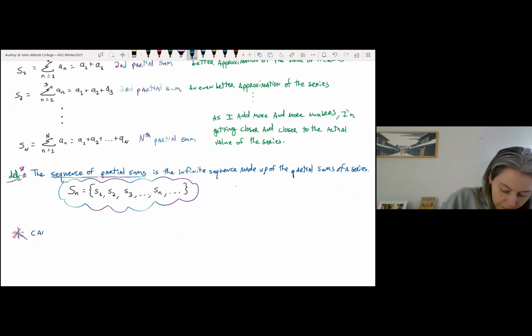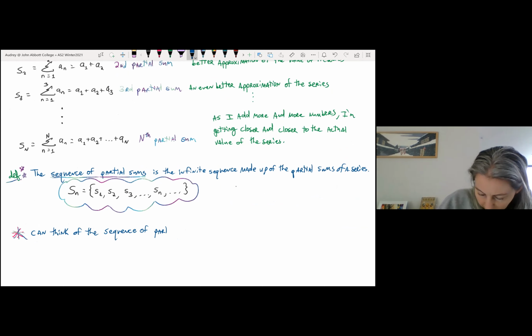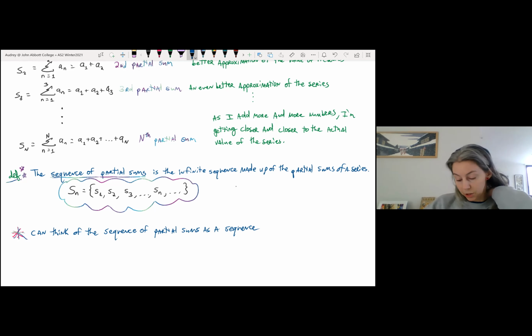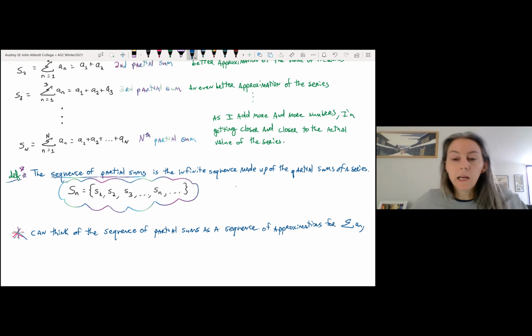Think of the sequence of partial sums as a sequence of approximations for the series, where as n gets bigger, the approximation gets better.